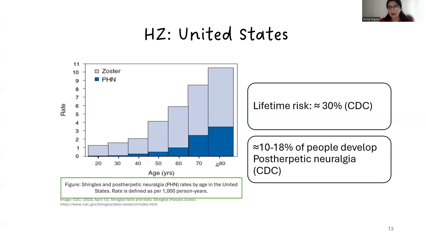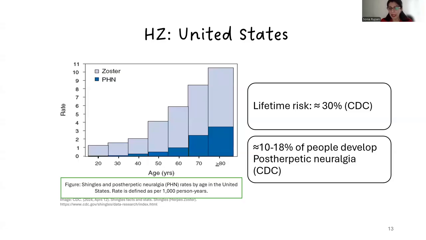One study compared the risk between groups under the age of 50 and older, and they found the risk of post-herpetic neuralgia to be 27-fold higher when the patient was older than 50 compared to younger individuals.